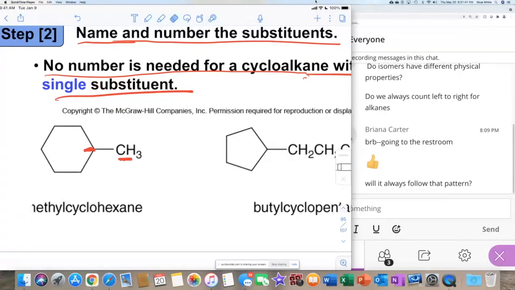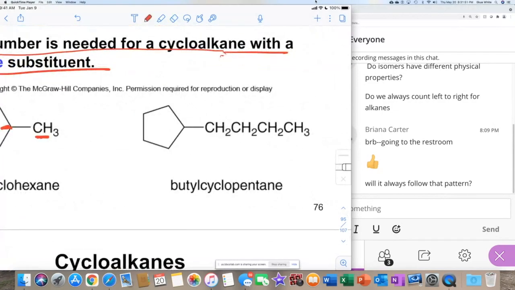Because it's understood, you leave out the number. Once again, over here, you only have 1 butyl, right? You don't have to write 1 because everybody knows that's the first carbon. You want to assign carbon number 1 to the one that has the attached side group.